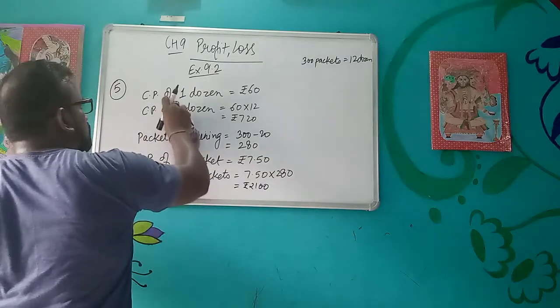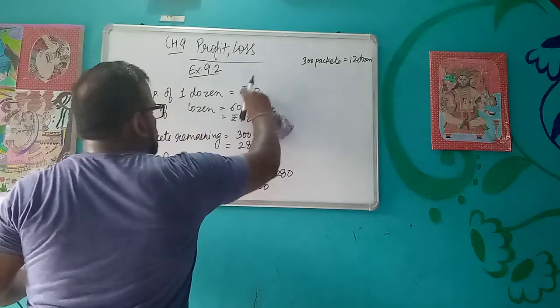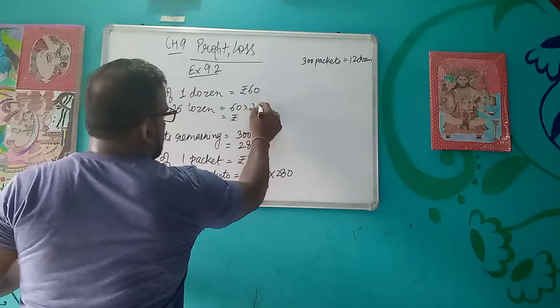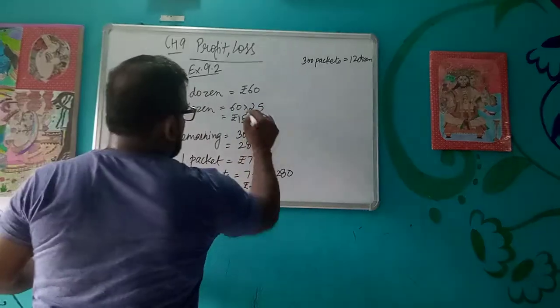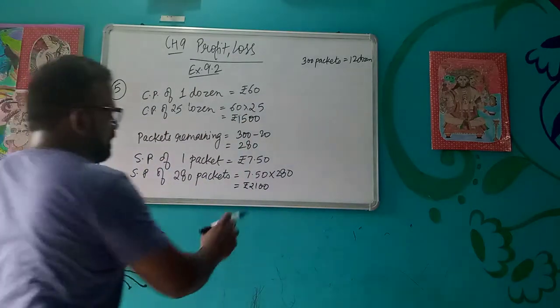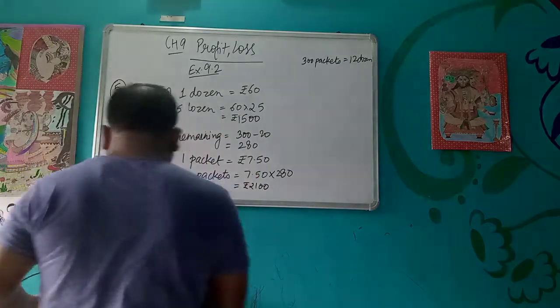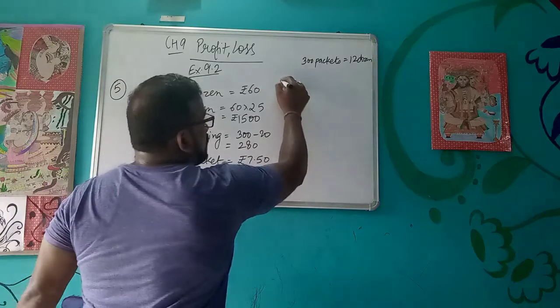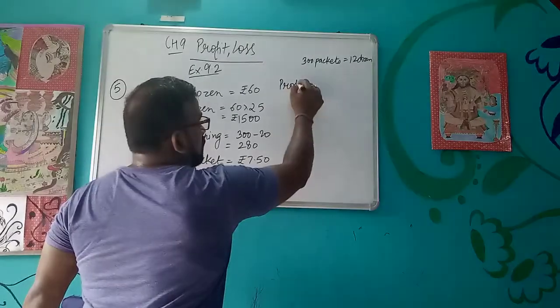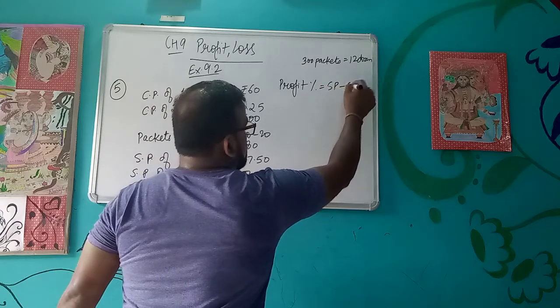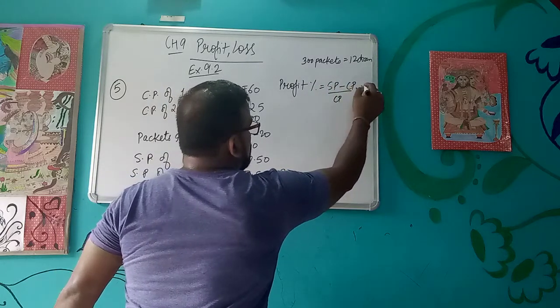Okay, sorry, this is actually 25. By mistake I have written it wrongly, so the CP is 1500. So you can easily see CP is less than SP. So in this, what do we have to calculate? Profit percent. Profit percent is SP minus CP upon CP into 100.